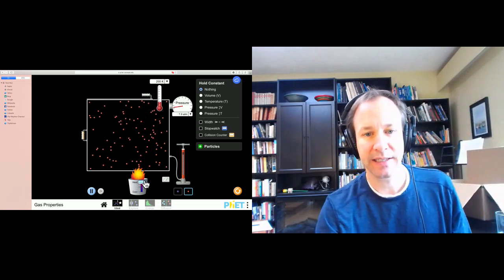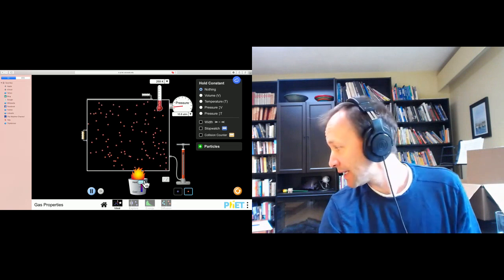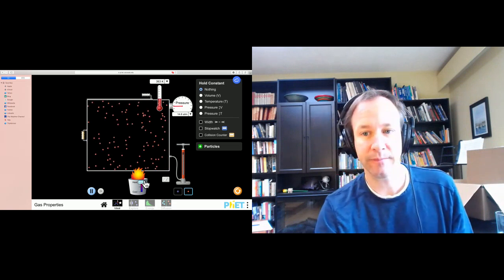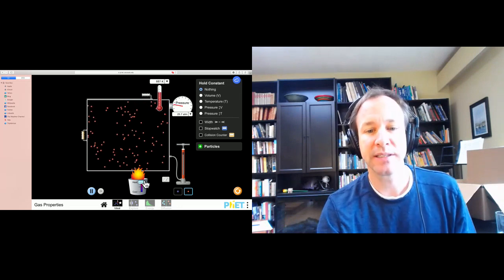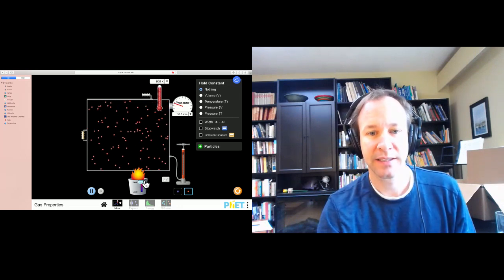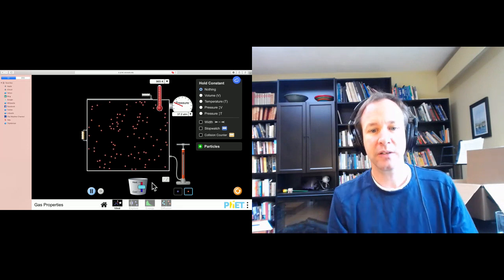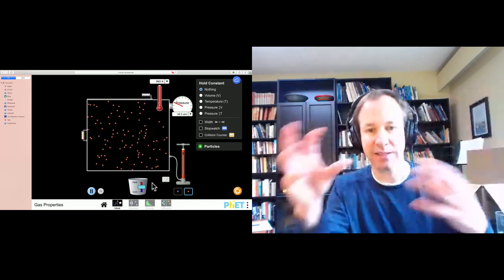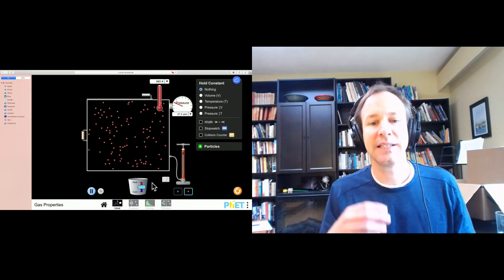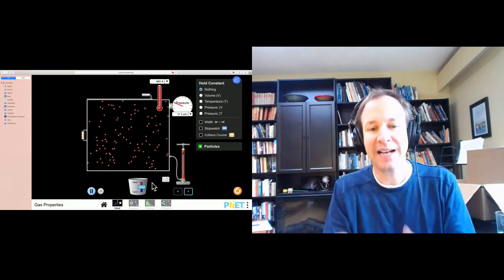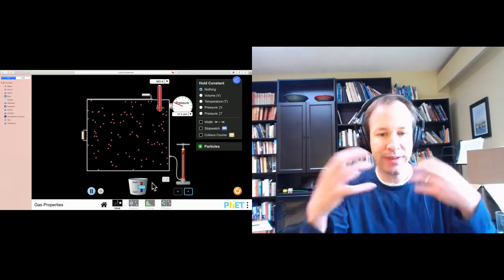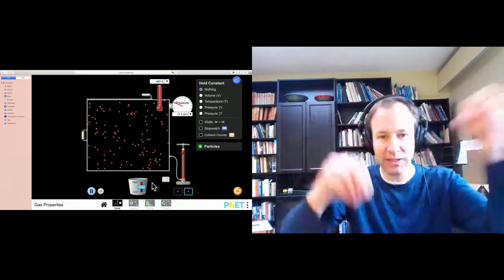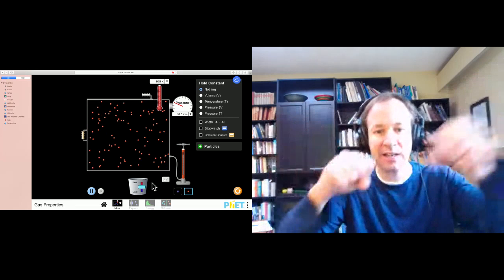So that's what's happening in the simulation. I'm heating up the box filled with gas. I'm increasing the temperature. And you notice that these molecules are moving faster and faster. As I increase the temperature, whatever external thing is causing this to heat up has molecules that are colliding with the walls of the container, and then the walls of the container are moving fast.